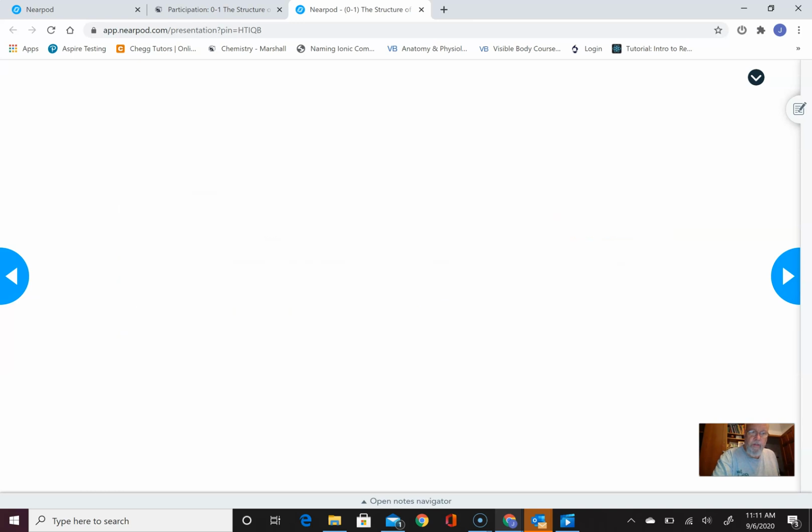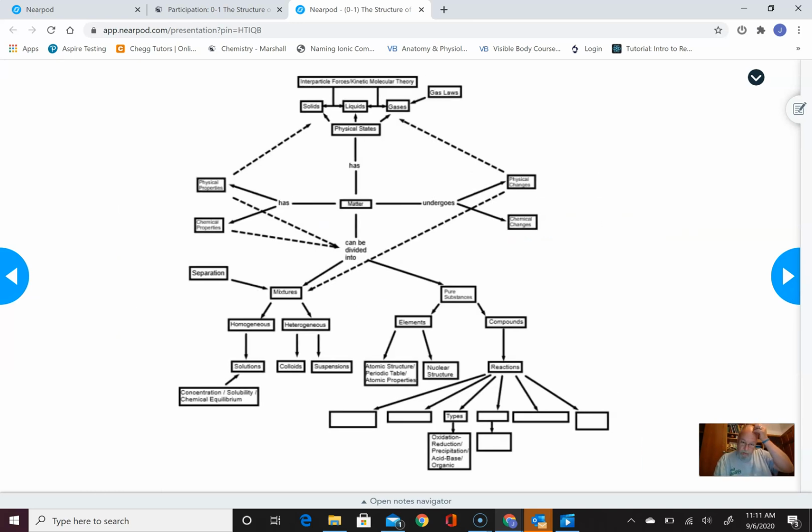And so I want to put this in our graphic organizer. And this goes under the reactions right here. Okay, reactions is going to go under compounds. And then I've put the types of reactions in this third spot here, which doesn't really make sense, does it? Why would I put something in the third spot as my first thing?